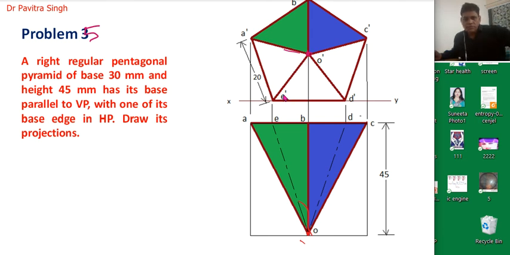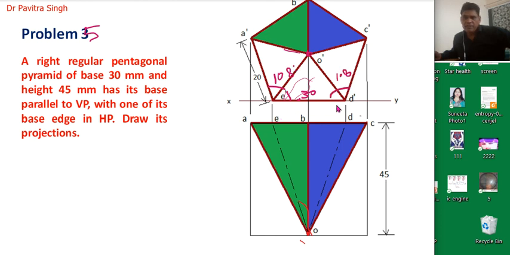Okay, so we will draw one XY line, E dash D dash equal to 30 mm. And this angle will be 108 degrees, this angle will be 108 degrees.